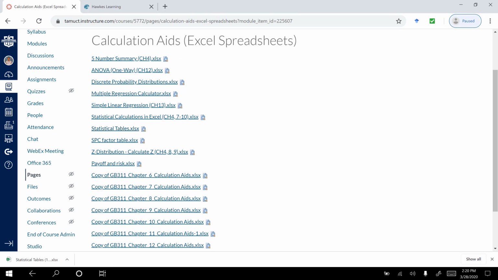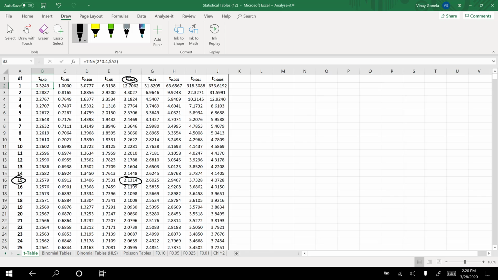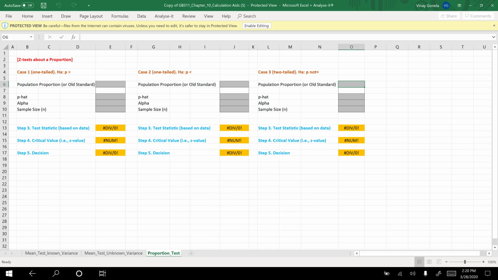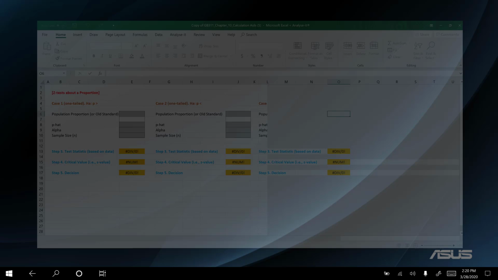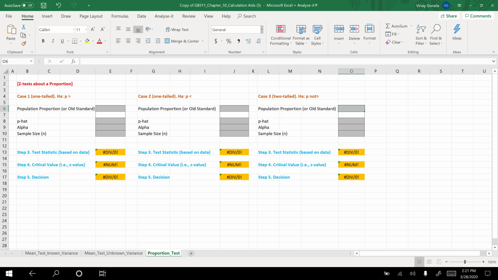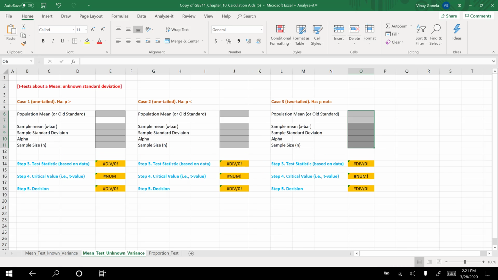So this is chapter 10. Currently I am in the proportion test calculation aid. I will go into mean test unknown variance and I am looking for which case to use.